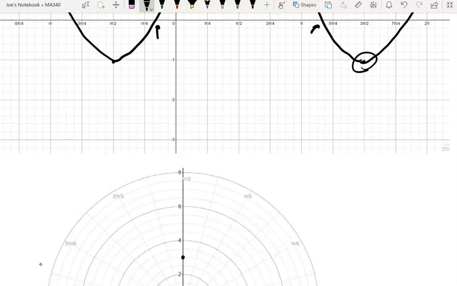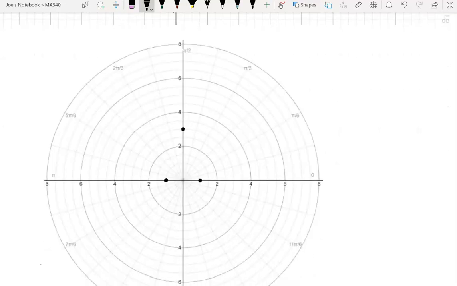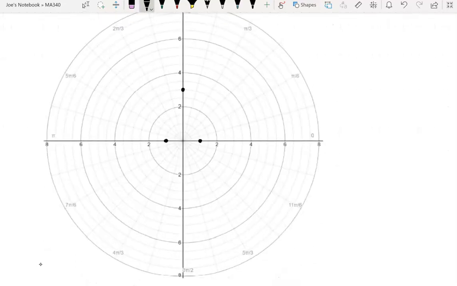The R value is negative 1, right? So 3 pi over 2 is usually we think about down here, correct? That way? But since the R value is -1, that point's going to be there, isn't it? And then when we put in 2 pi, we'll get the same thing as when we put in 0. We'll end up back where we started.